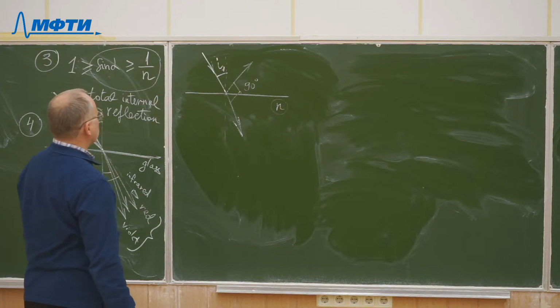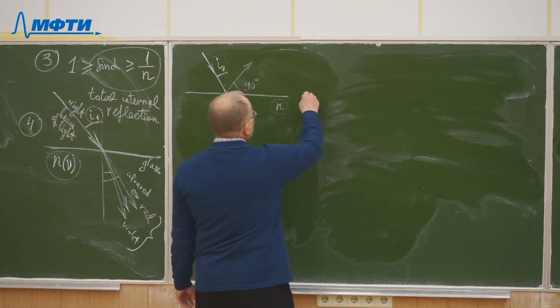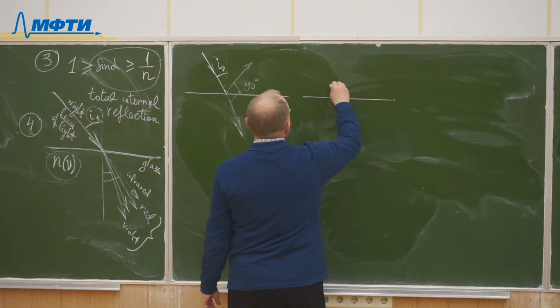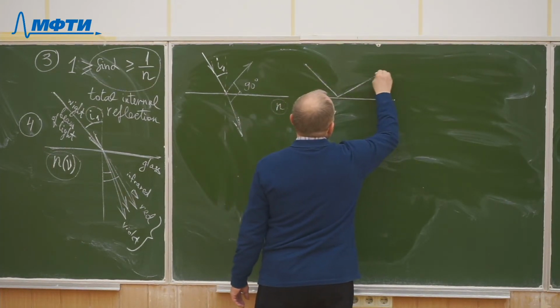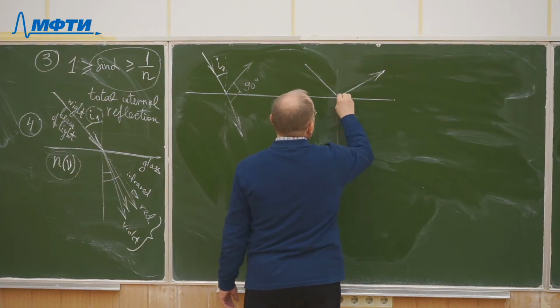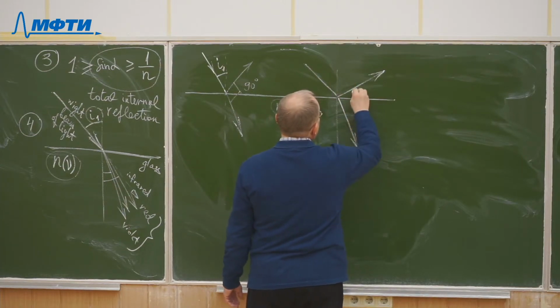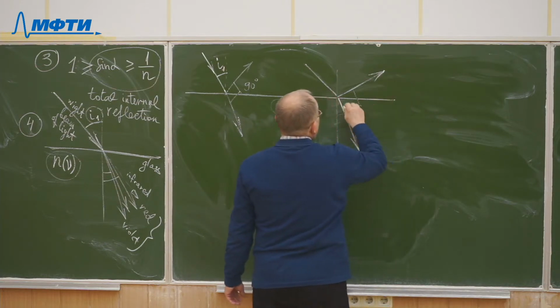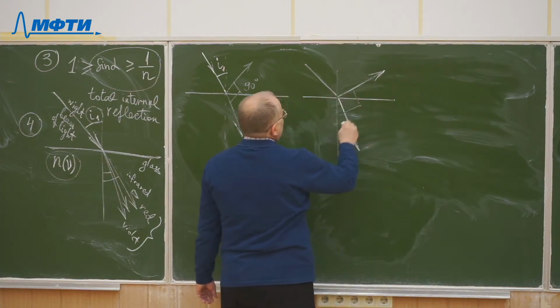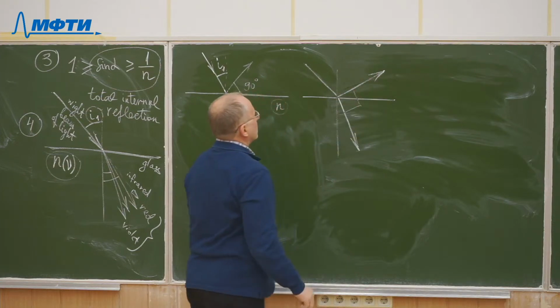Well, my picture is not very good because it doesn't show the 90-degree angle, so I will draw it in this way. Yes, something like that. The reflected light and the refracted beam propagate at 90 degrees to one another.